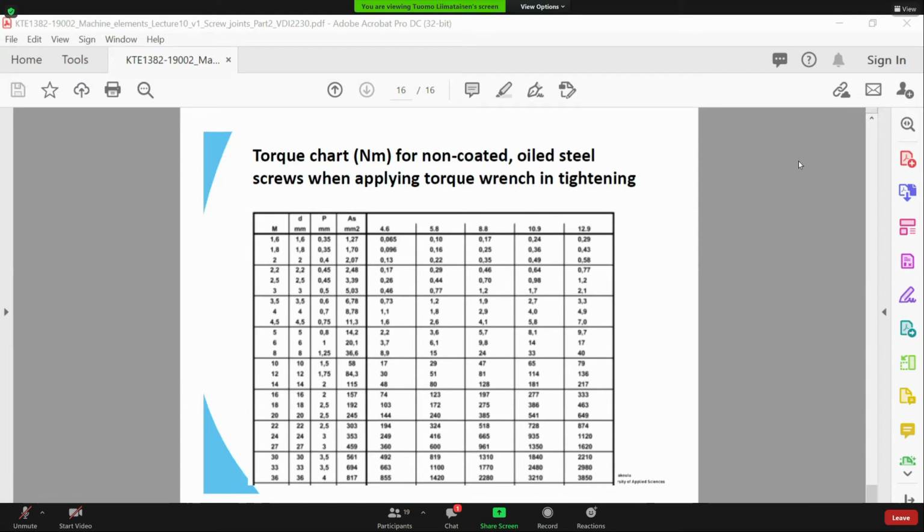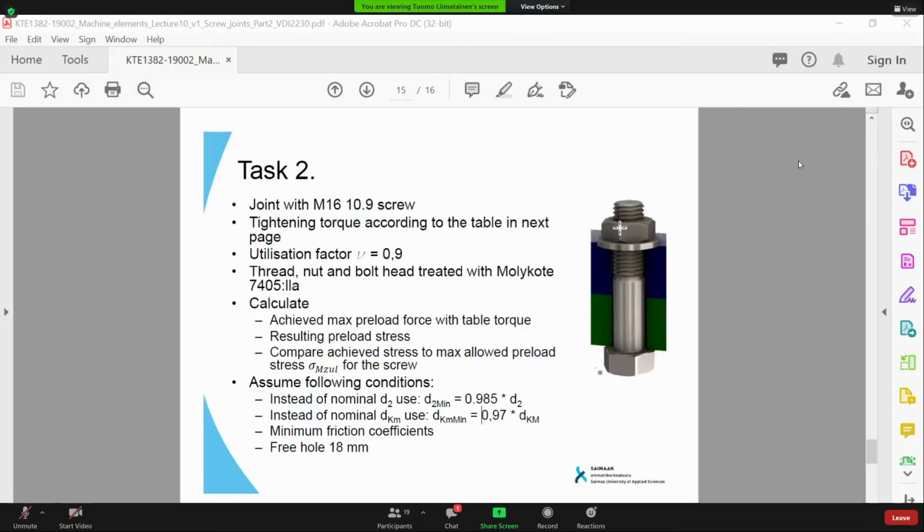And if there's a variation in the components between these surfaces on the friction, that will also give variation in the preloading force, and therefore it's very difficult in the final applications to make sure that you have achieved the needed preload, but you haven't exceeded the allowed stress. It is sometimes quite tricky.